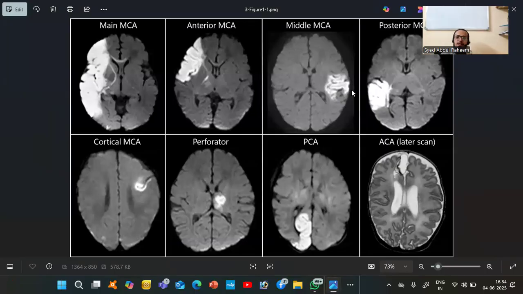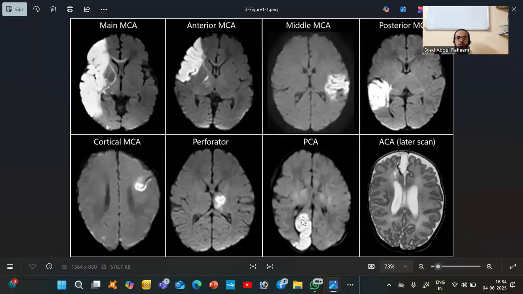If the branch of the MCA is affected, only the back side, posterior MCA, is affected. This is what you will get with angiography. There is a scan called CT angiography. We'll discuss later. And you have cortical MCA, perforated here.